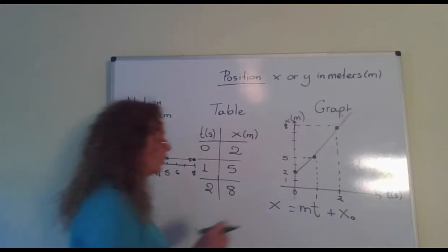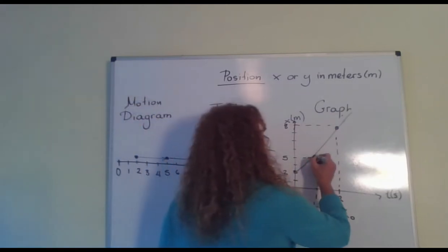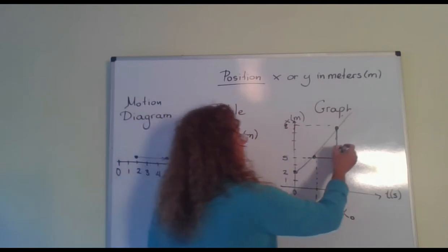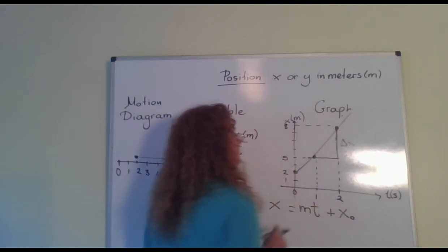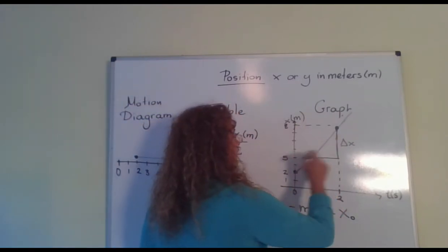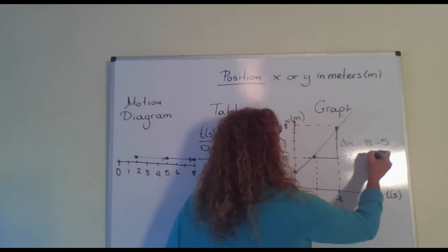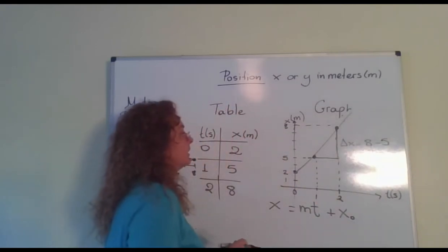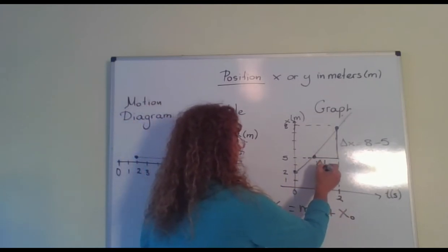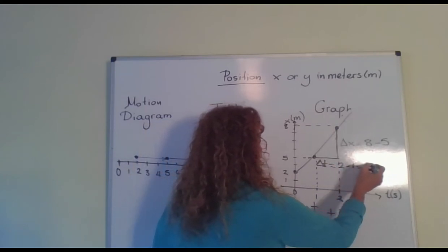Now, what is the slope? Rise over run. So the rise, which is the delta x, the displacement, is final minus initial, 8 minus 5, it is 3 meters. While the run is the time interval, delta t, which is 2 minus 1, just 1 second.